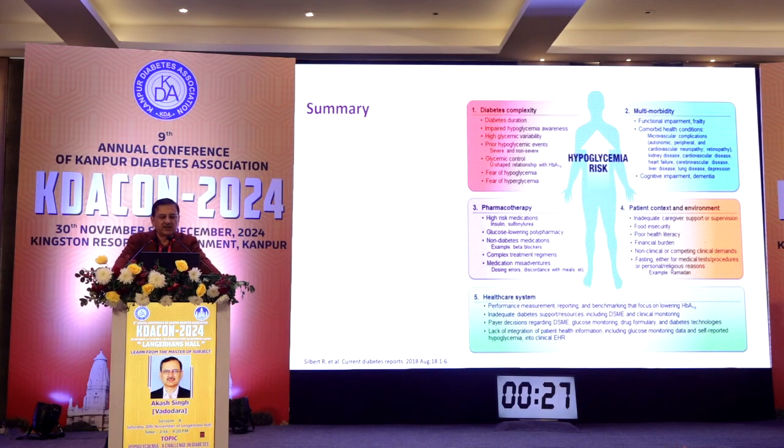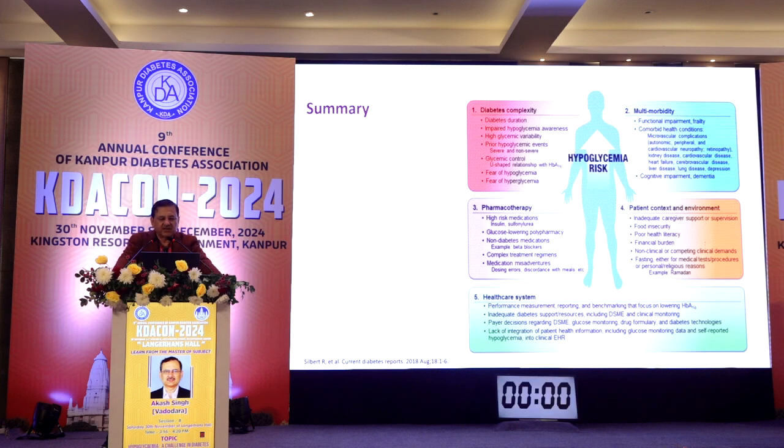To summarize: diabetes complexity, diabetes duration, impaired hypoglycemic awareness, high glycemic variability, and prior hypoglycemic events. Glycemic control has a J-shaped relationship with HbA1c; if you go too low, you can develop more morbidity and mortality. Fear of hypoglycemia and fear of hyperglycemia all lead to complexity in managing these patients: multimorbidity, functional impairment, frailty, comorbid health conditions, microvascular and macrovascular complications, cognitive impairment, dementia.